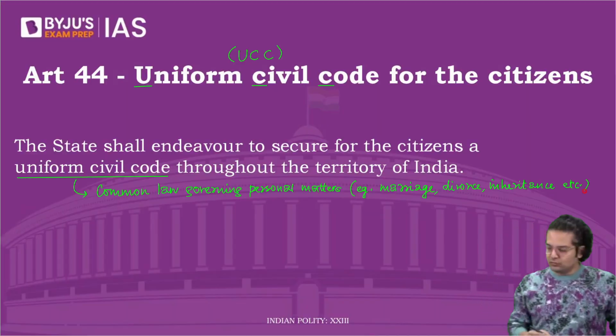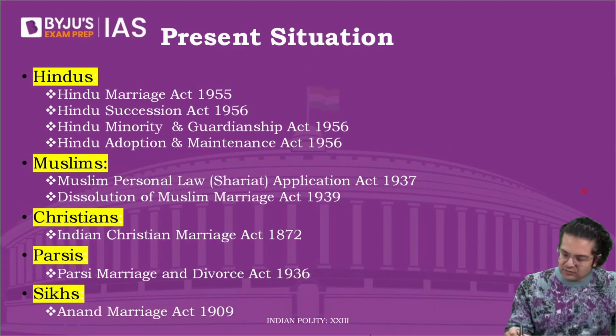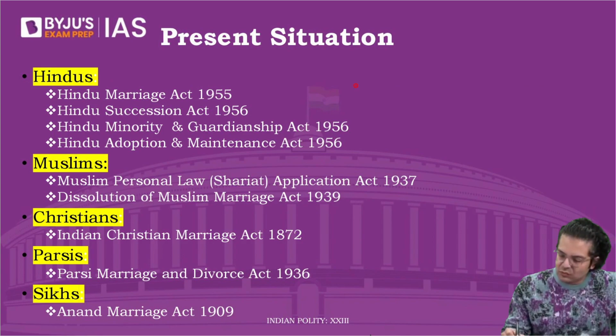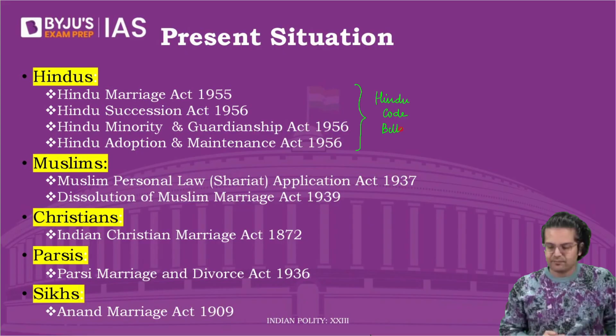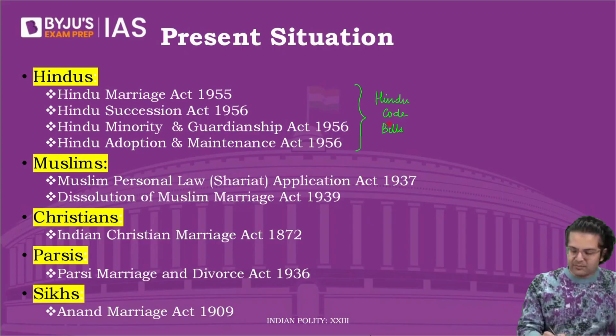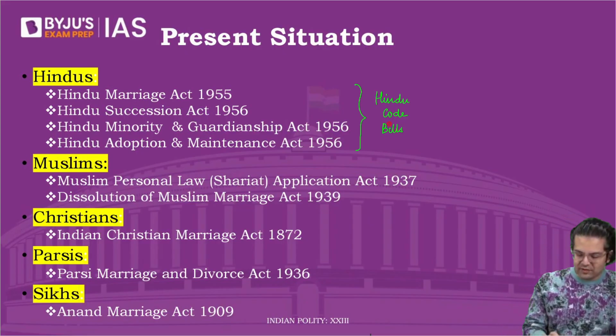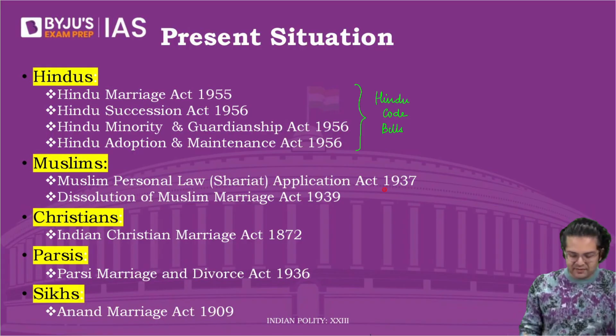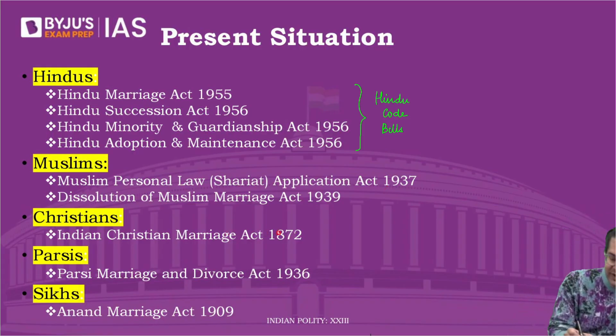So for Hindus, we have these laws which are popularly known as Hindu Code Bills. Okay? For Muslims, separate laws. For Christians, for Parsis, for Sikh, and Hindus here actually includes Hindus, Sikh, Jains, and Buddhists.